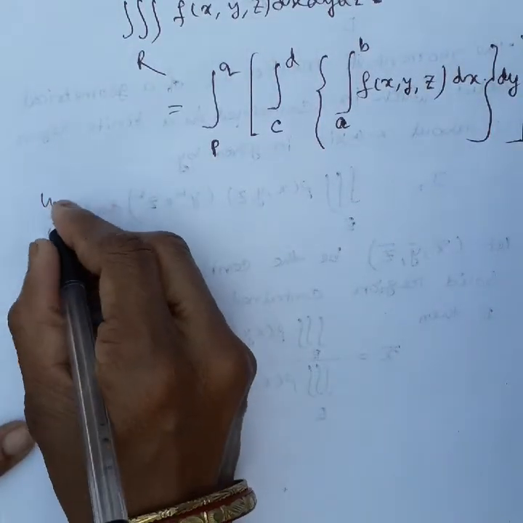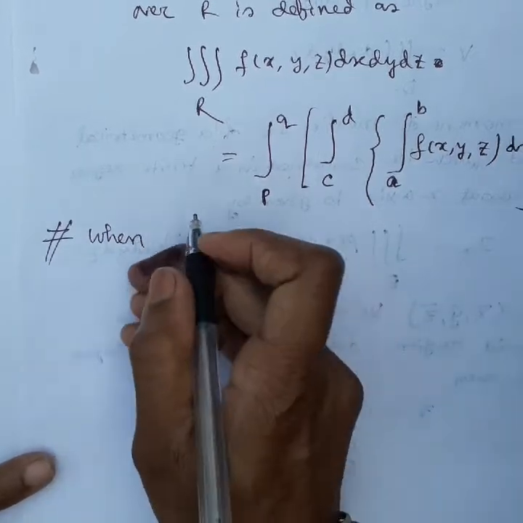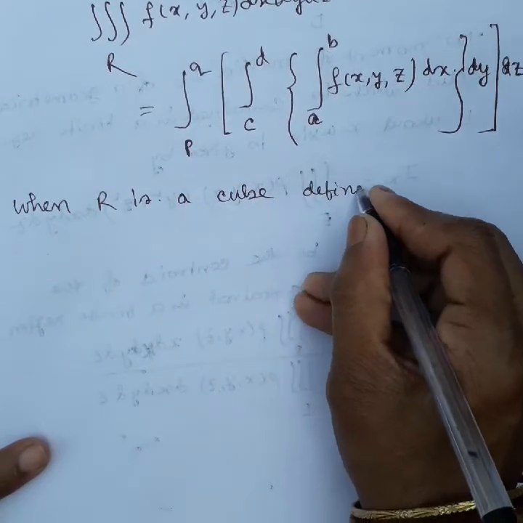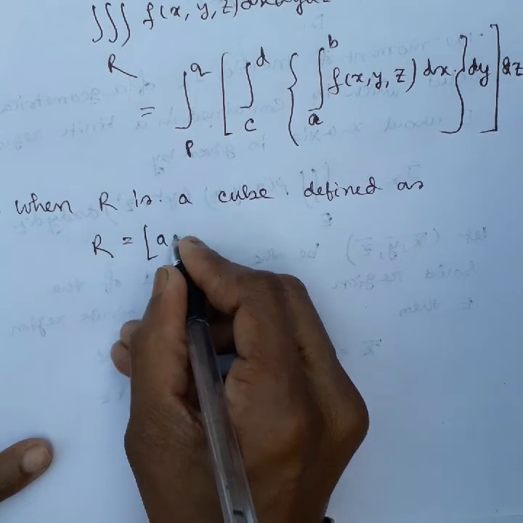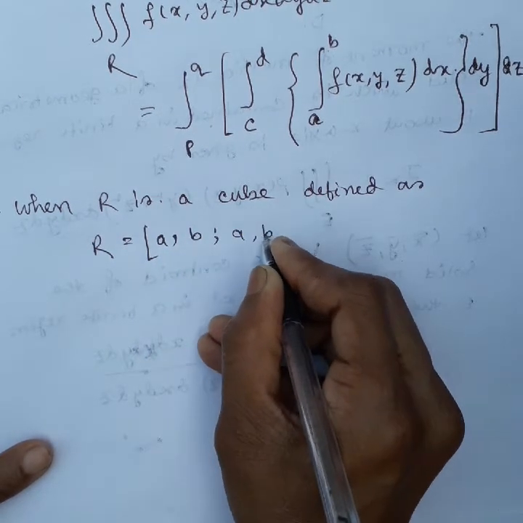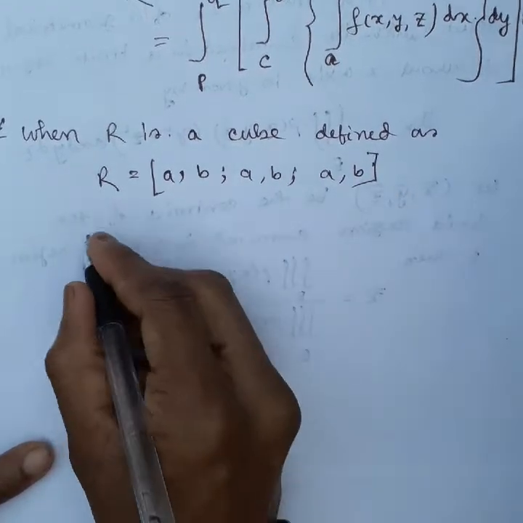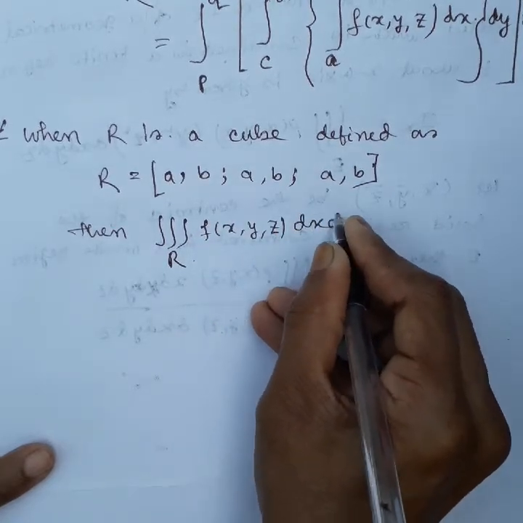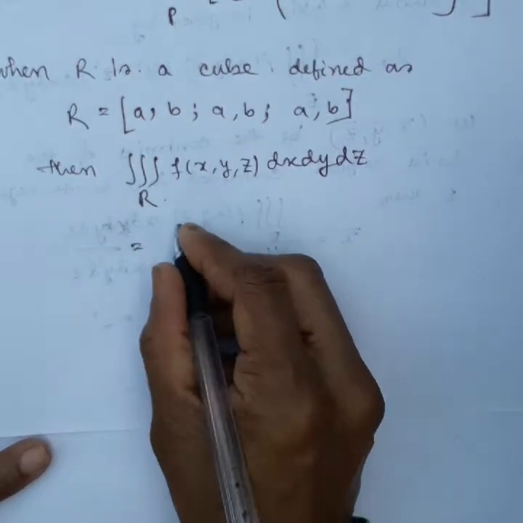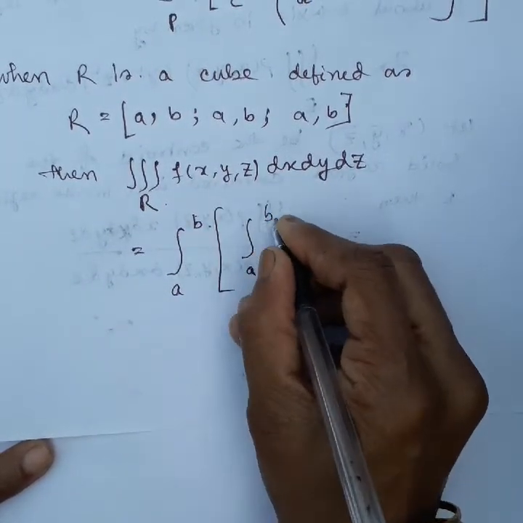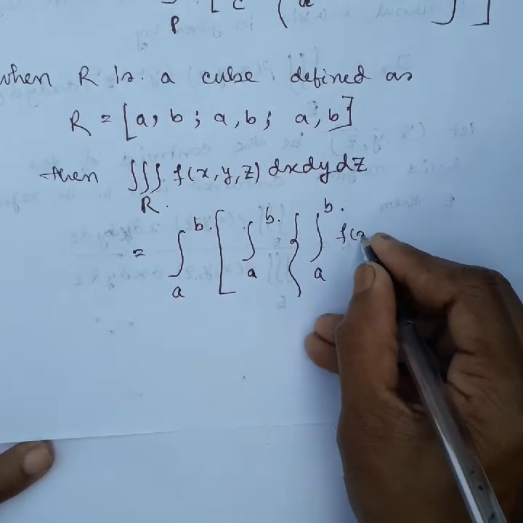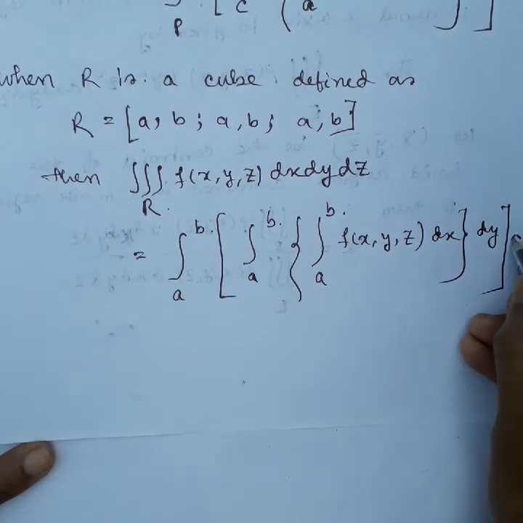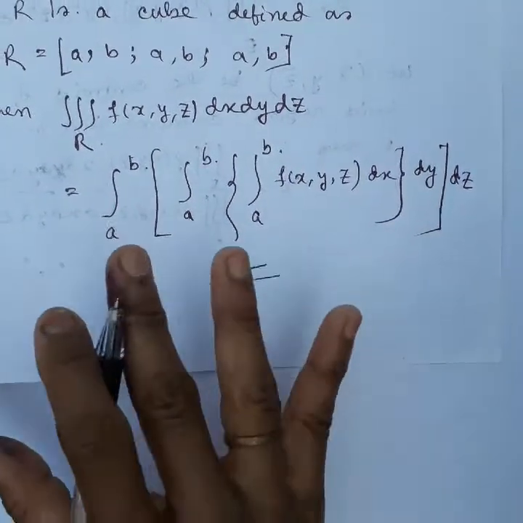So when R is a cube, which is defined as A, B, A, B, A, B, then triple integration over the region R, f of x, y, z, dx, dy, dz is equal to integration A to B, also A to B, also A to B, f of x, y, z, dx, then dy, then dz.